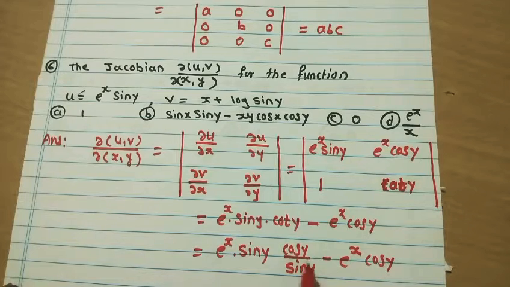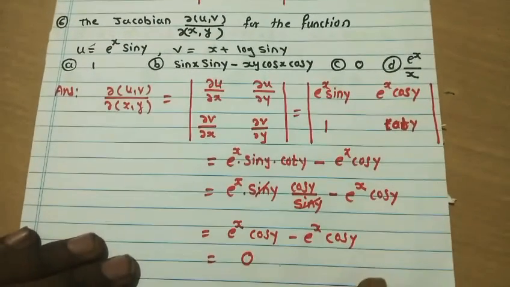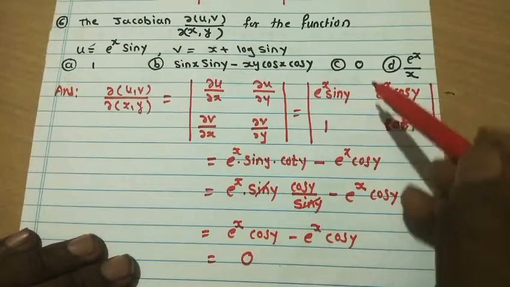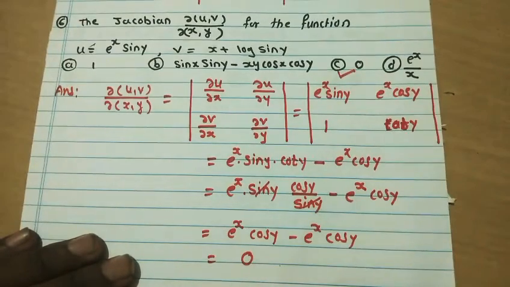So sin y gets cancelled, and only e raised to x cos y minus e raised to x cos y remains. So this will be 0 here. So you will get the third option.